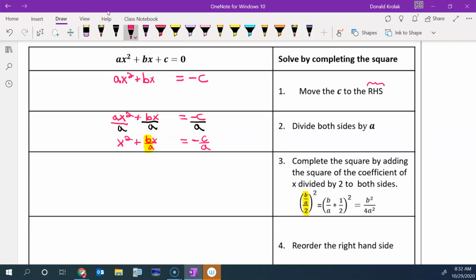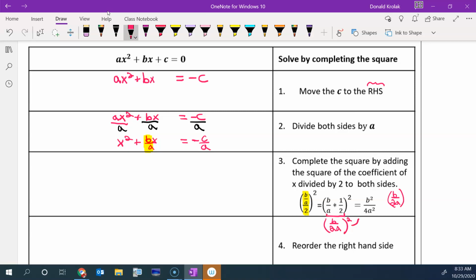Okay, so when I multiply that by 1/2, and I square it, I have 2a. That's when I multiply these two together. I'll do it right here. This would be b over 2a squared.